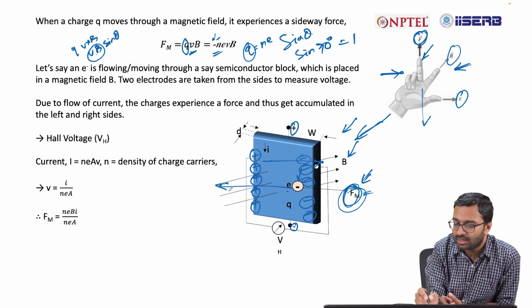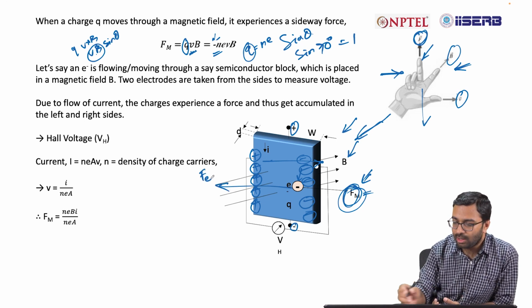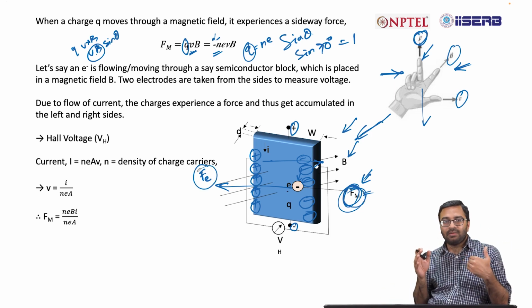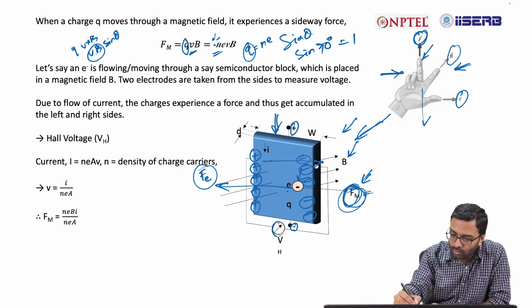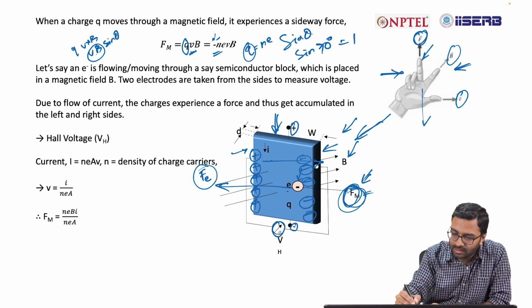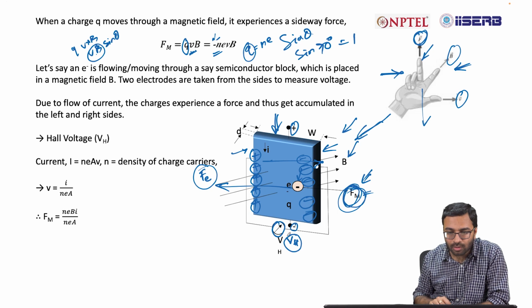For a negative charge, the electric force will be in the opposite direction, F suffix E. Now once Fm and Fe balance each other, you will find it's a stable situation, and if you connect a voltmeter across these two faces, you will find it shows a voltage Vh, which is known as Hall voltage.